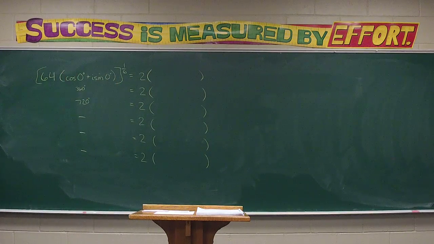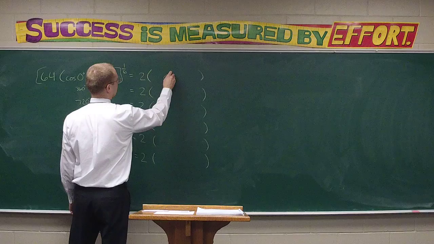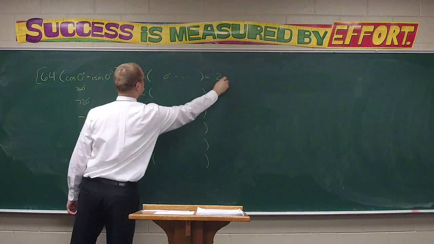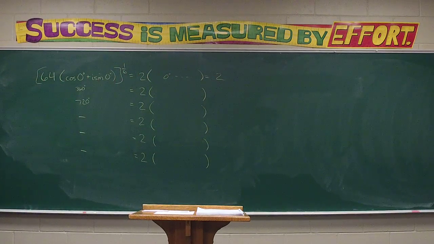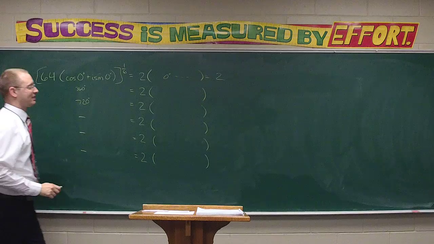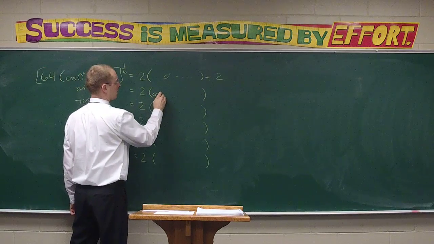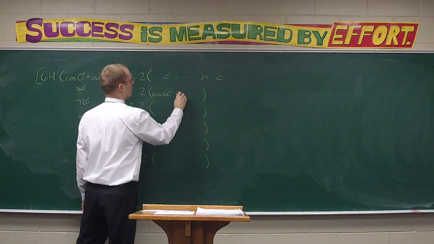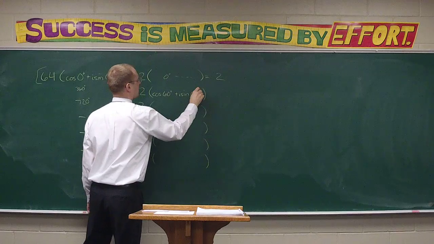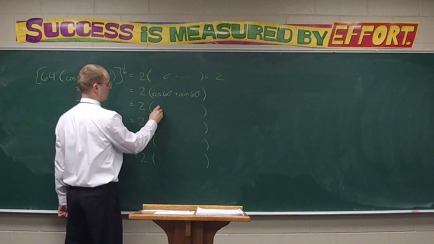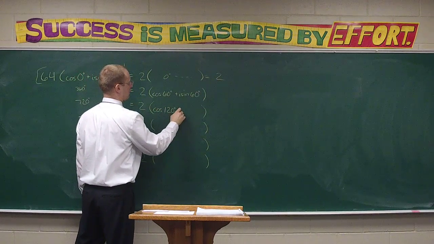For the first one, you'll still have the cosine of 0 plus i sine 0, which will be 1, and we'll get 2. Then for the next one, you'll get cosine 60 plus i sine 60. Next one is cosine of 120 plus i sine 120.